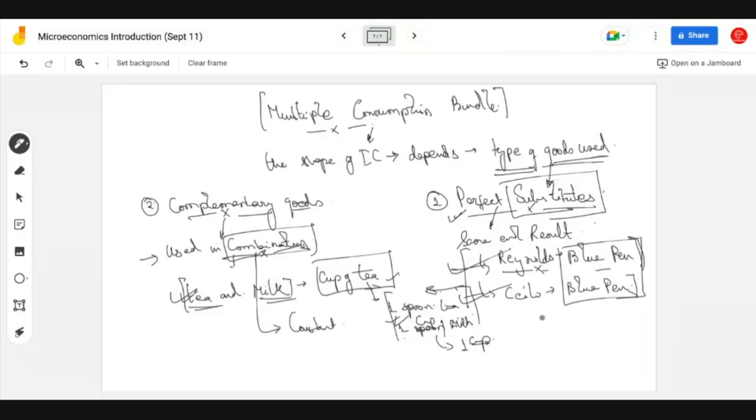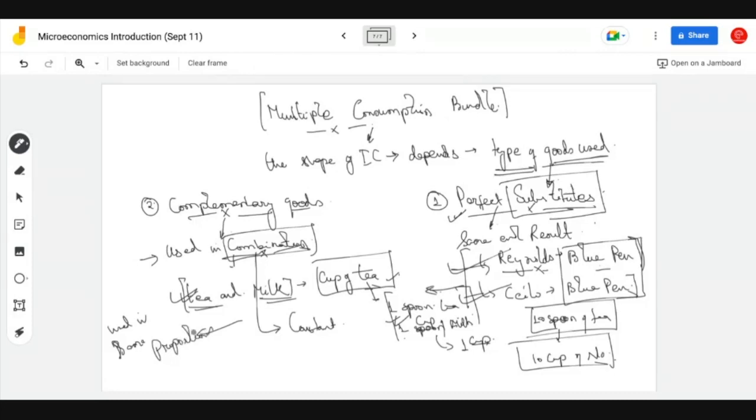What will happen if you use, let's say, 10 spoons of tea? Does it make 10 cups of tea? No. So the proportion is important in this case. Used in the same proportion. Okay.